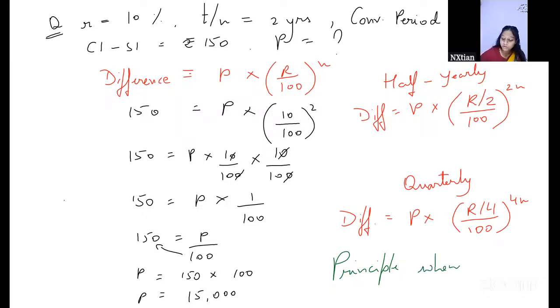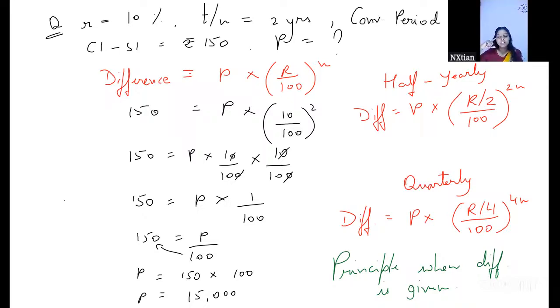Don't get confused: the difference between SI and CI is not calculated with this formula.